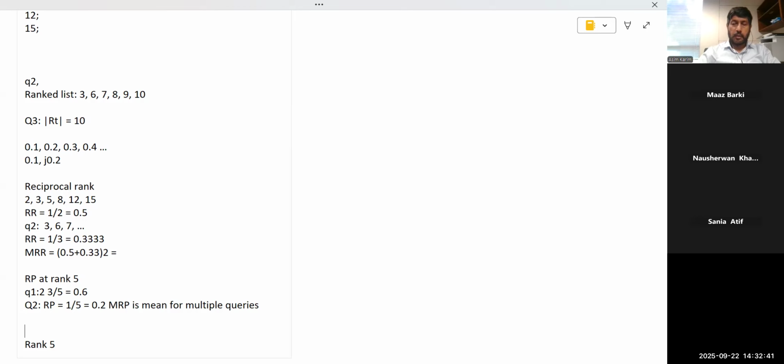By the way, our quiz will be next Monday, inshallah. So we are only checking up to rank 5, and within that rank 5 only one relevant document was found at position 3, so that's 1/5. As I was mentioning, we'll have a quiz on Monday, inshallah.